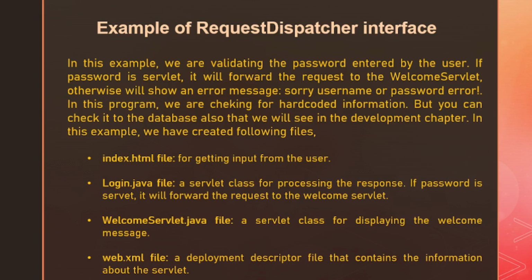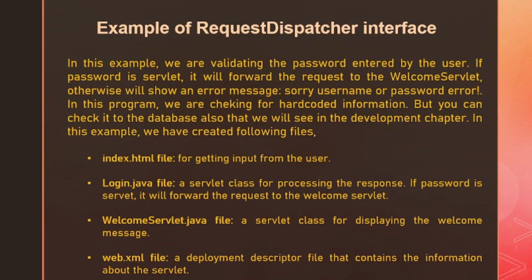In this example, we have created the following files. First one is the index.html file. This is for getting input from the user. Second one is the Login.java file. This is a servlet class for processing the request. If the password is servlet, it will forward the request to the welcome servlet.